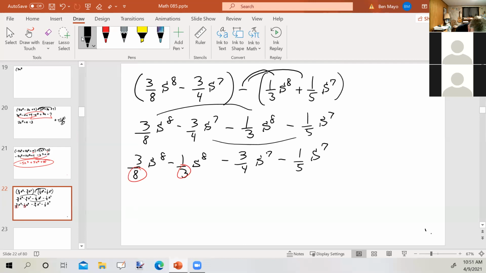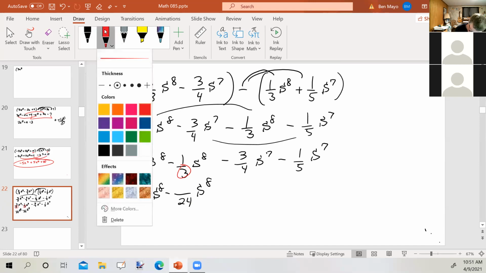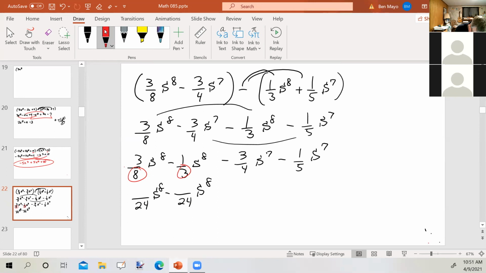So I've got so many 24ths s to the 8th minus so many 24ths s to the 8th. I'd need to multiply that fraction by 3/3, so I'd get 9 24ths s to the 8th. And then minus 1/3, I'd need to multiply by 8/8, which would give me minus 8 24ths s to the 8th. 9 24ths minus 8 24ths would be 1 24th s to the 8th.